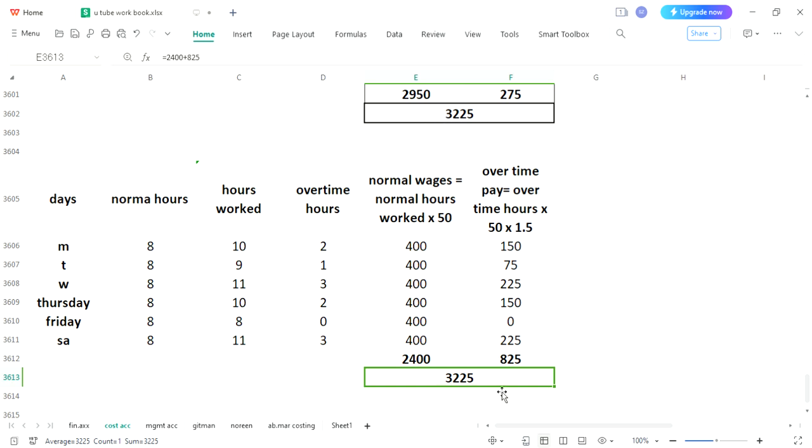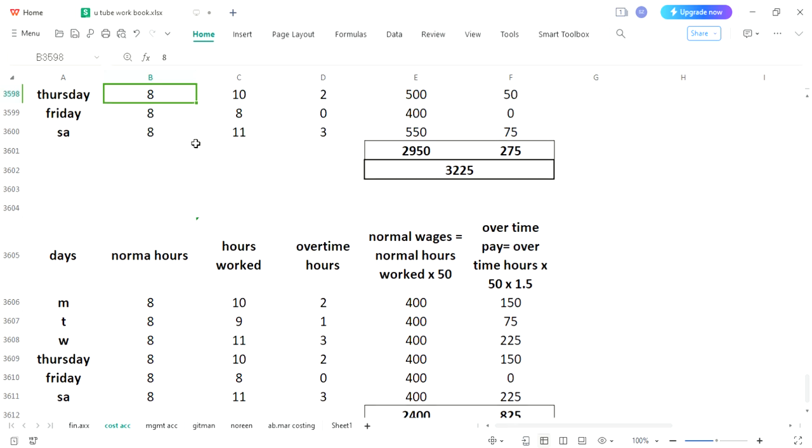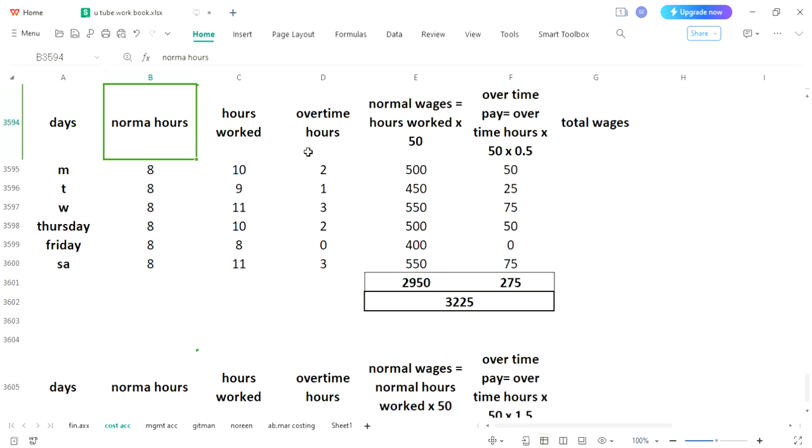3225 and 3225, the answers are matched, but we had separated the amount of normal wages and overtime wages. They are not calculated collectively. So we had paid them normal and overtime separately. So these are two methods. In the first method, you have mixed overtime payment into hours worked, 10 hours including normal hours as well as overtime.